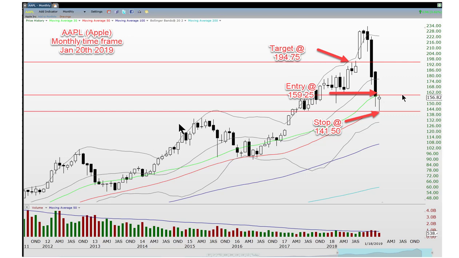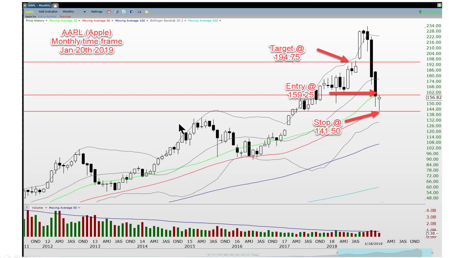We are risking what I call a risk unit, one risk unit for every 2 risk units that we are trying to obtain from the market. So our stop loss will always be 1 risk unit in relation to the target price, that is 2 risk units in this case. So that will be the Apple chart.